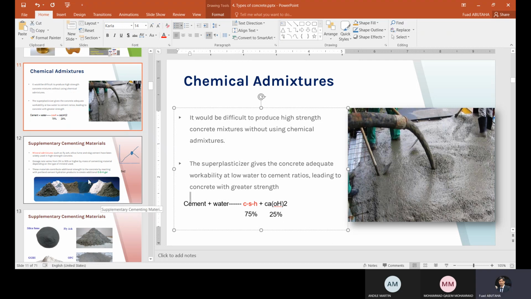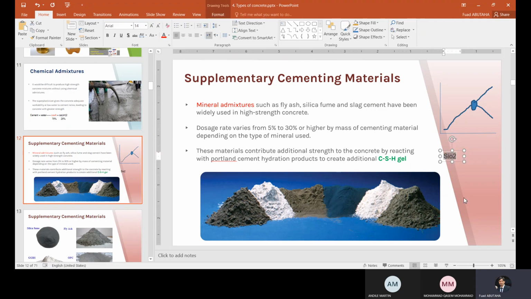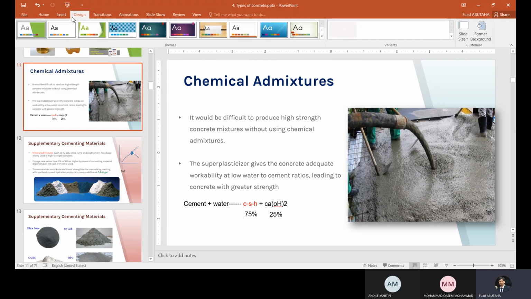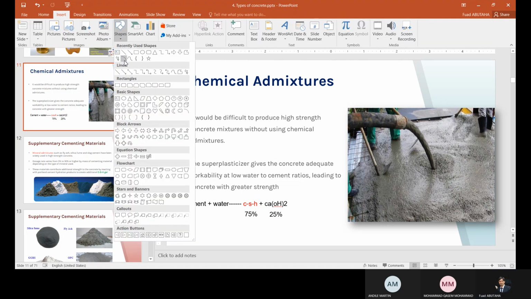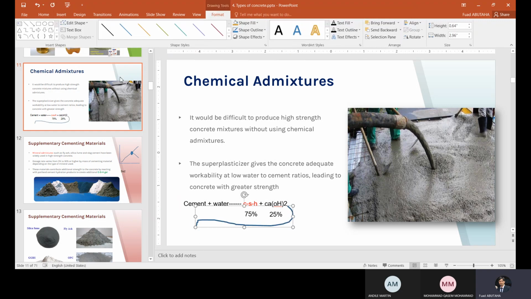So when I use mineral admixtures that contain a significant or high amount of silica, this silica will start to react with the calcium hydroxide that has no benefit to the concrete.